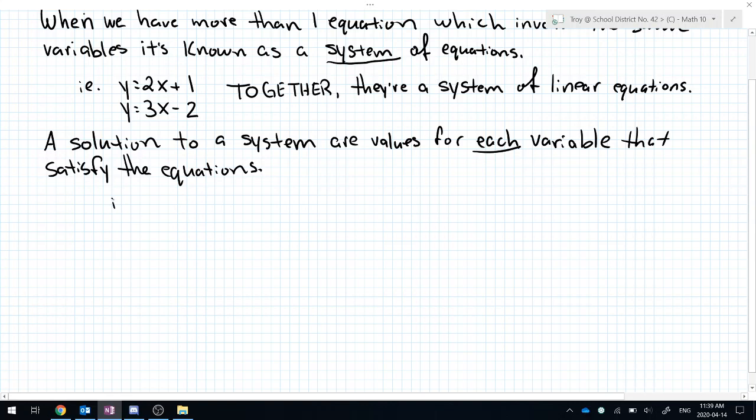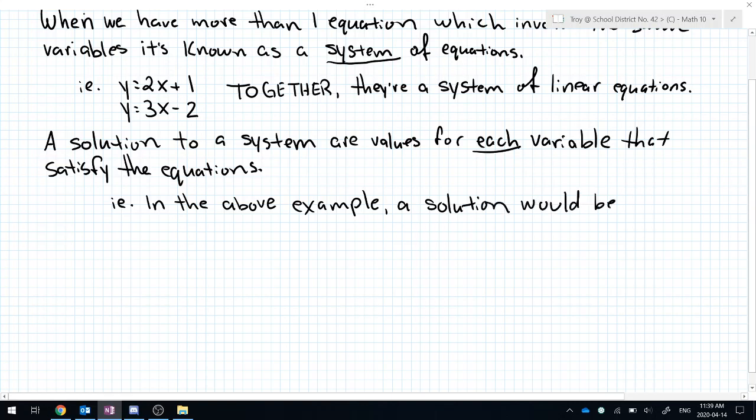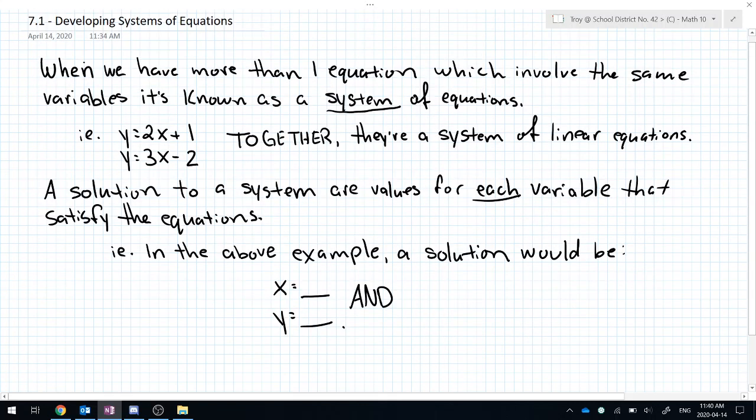So for example, a solution would be x equals something and y equals something, because we have x and y in both of those first equations.